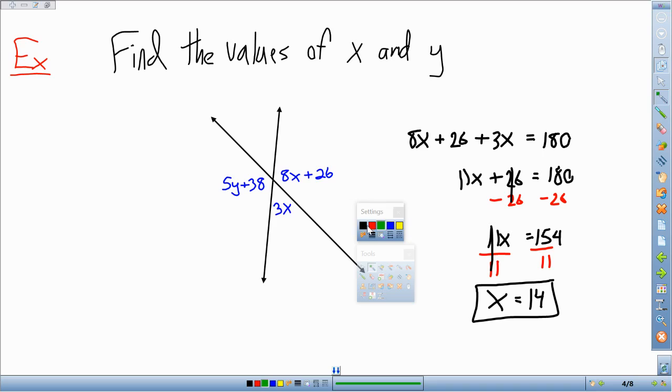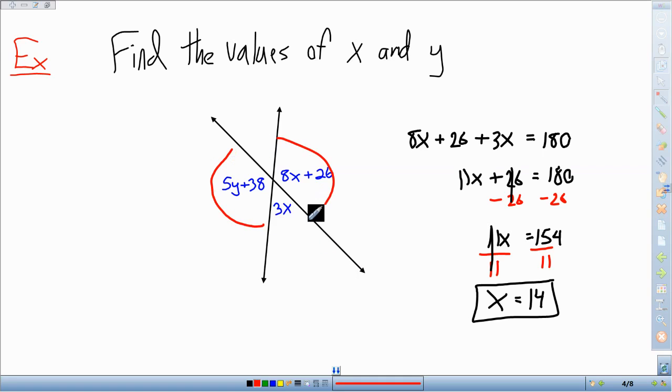I think in my brain, it's easier to just set these vertical angles equal to one another, so that's what I'm going to do. If you want to try it the other way while I do this and see if we get the same answers, go for it. So I'm going to say that this angle, 5y plus 38, is equal to 8x plus 26.